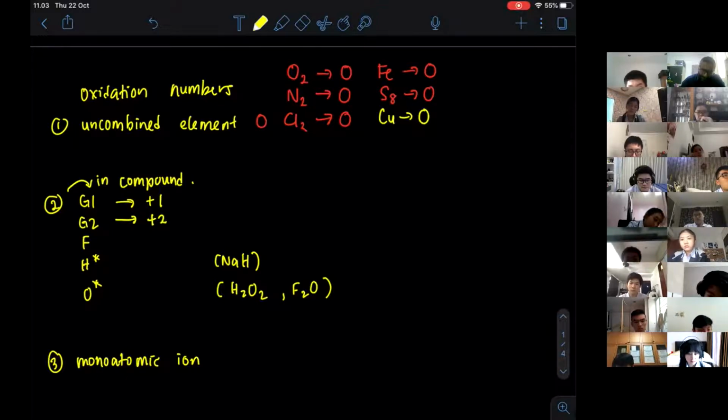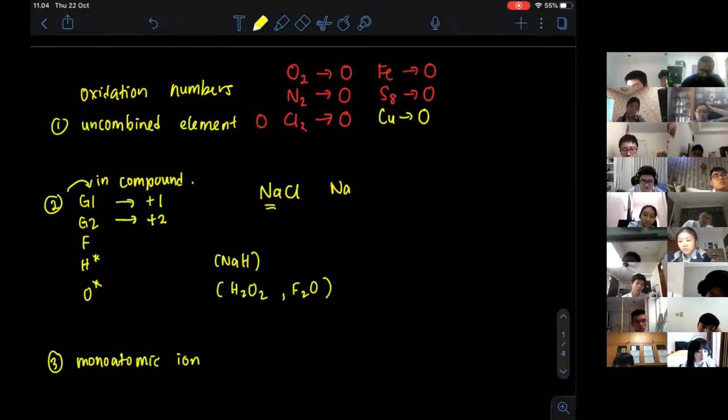If you have a compound of, let's say, NaCl, and I ask you what is the oxidation number of Na, because Na is in group 1 and it is in a compound, it will form Na+, so the oxidation number of Na is going to be +1.